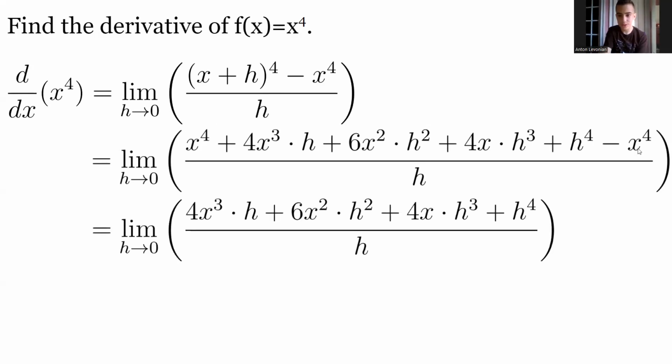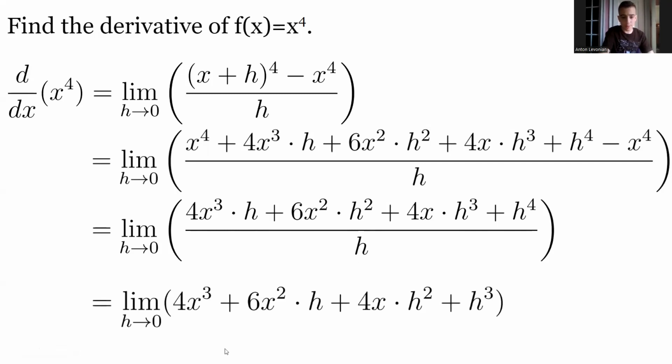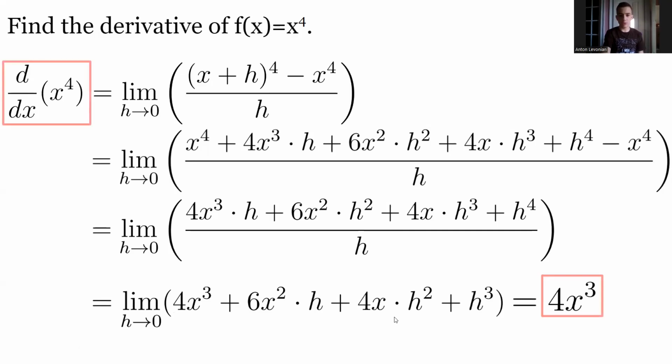Then the x to the fourth and the x to the fourth here, they cancel out. All of the resulting factors in the numerator have an h in them, so the h's all go away. And then once again, the only term that does not have an h is the 4x cubed. All the terms that do have an h go away, and so the answer is 4x cubed.